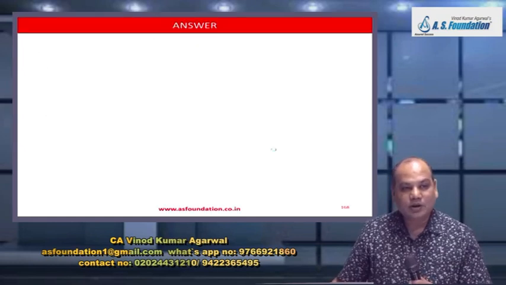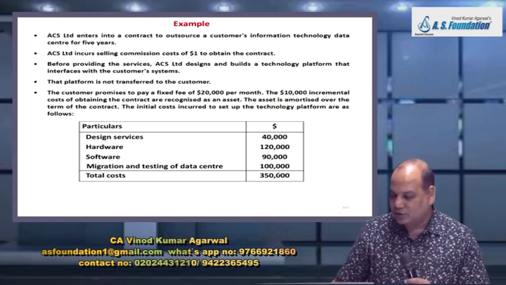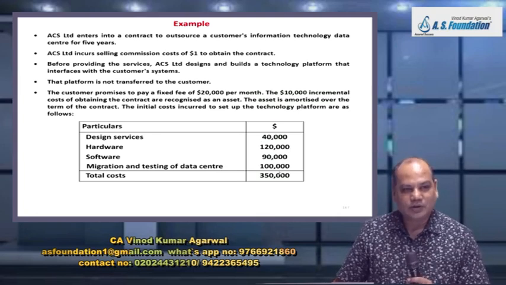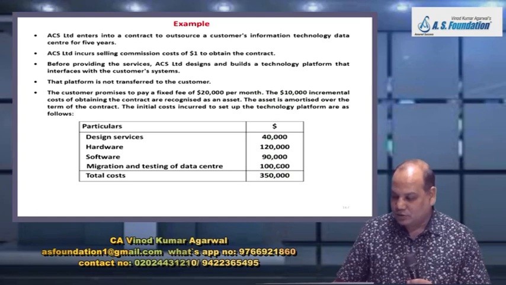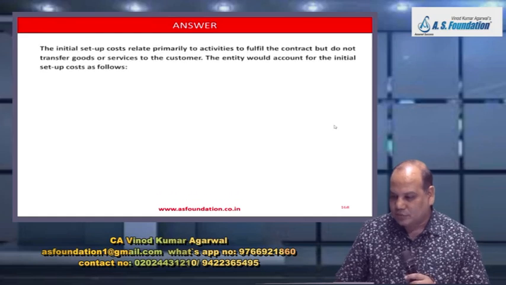Hardware will be accounted under PPE, IAS 16. Software will be accounted under IAS 38. What about the design service and migration and testing of data center? These are also direct costs. So that we will capitalize and we will amortize it over the period. Okay, a period of 5 years.